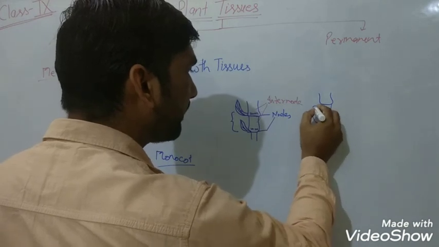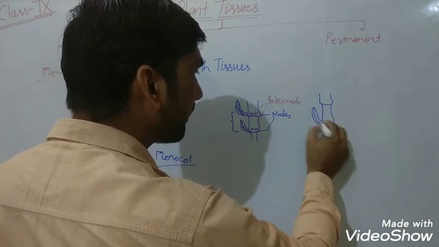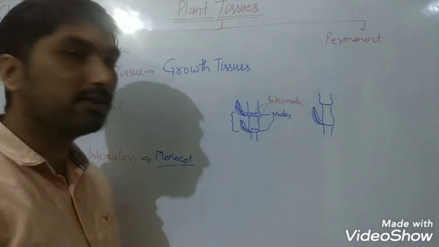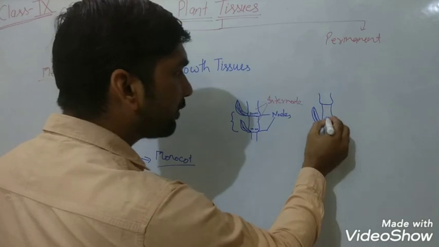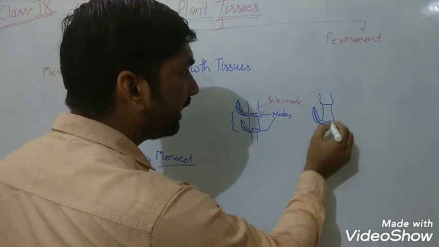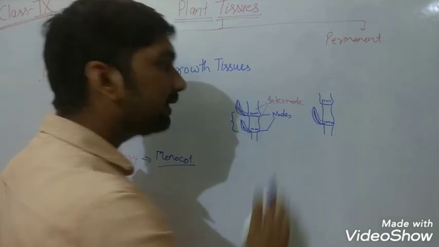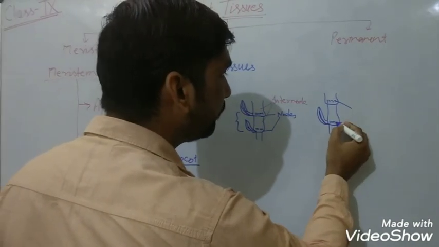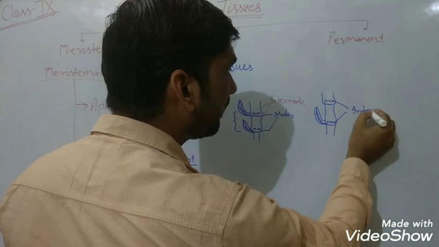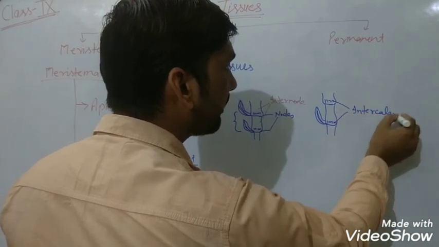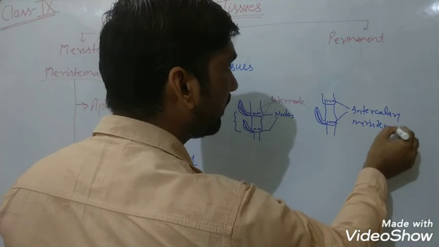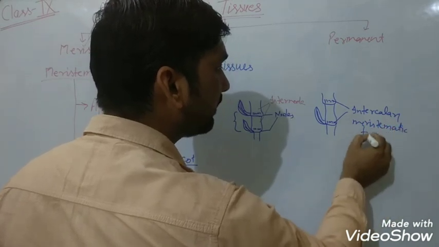Now you can see this area is much more grown up than this part. Why is this happening? Just because of the meristematic cells present at the base of the nodes, and these meristematic tissues are known as intercalary meristematic tissues.